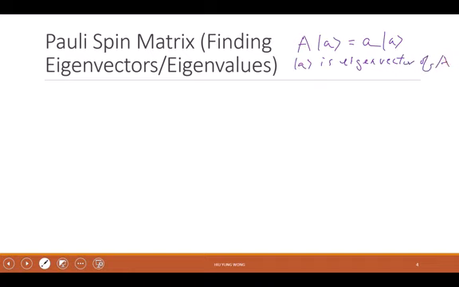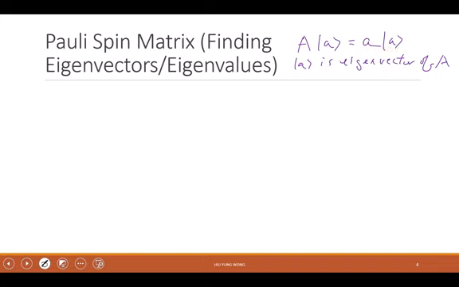Capital A is the matrix. This a is the vector. Matrix times vector is a vector. Small a is a number. Number times a vector is a vector. That's why left equals right.